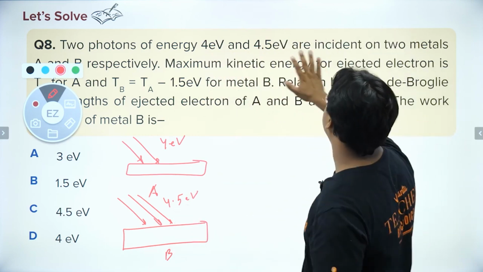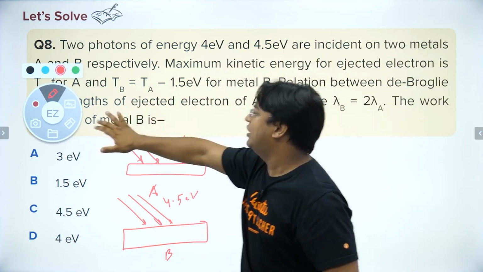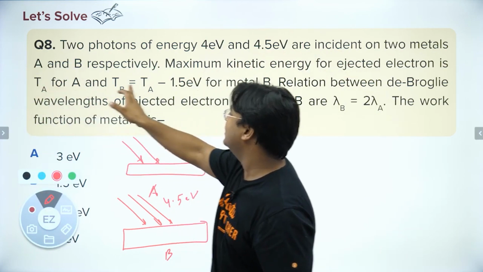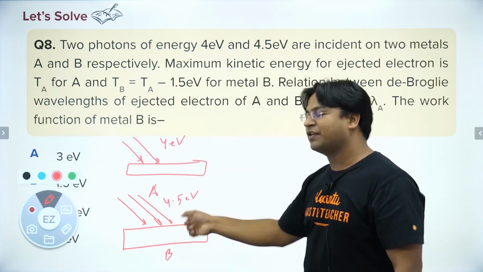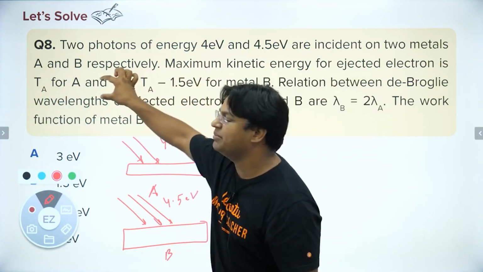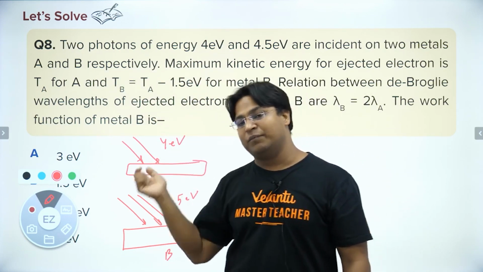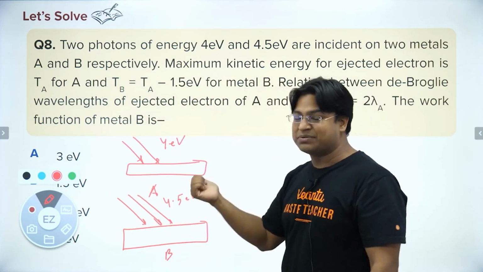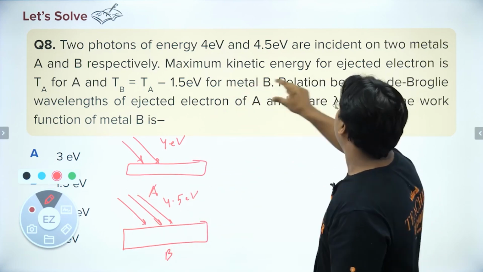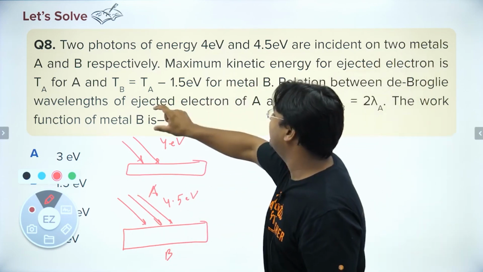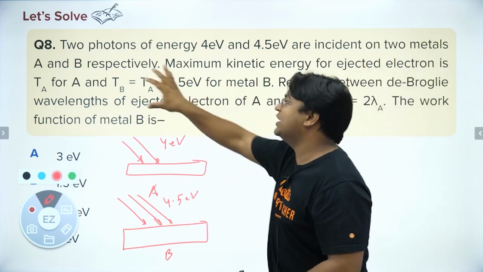Now the maximum kinetic energy of the ejected electron, TA for A. The electrons are ejected from both the plates, and some relation has been mentioned between the maximum kinetic energy of the electrons. Also a relation between the de Broglie wavelength of the ejected electrons. So there are 2 kinds of relation given, right?